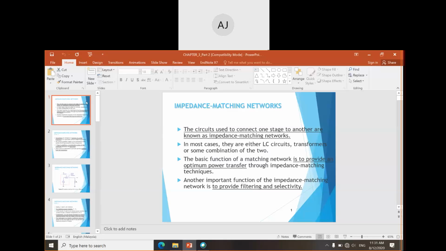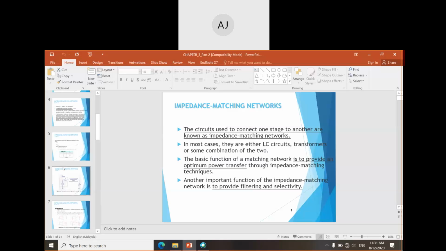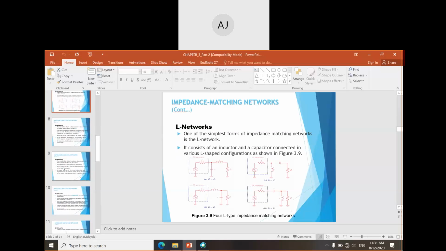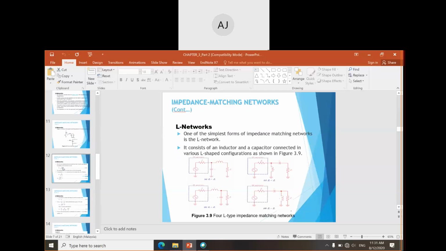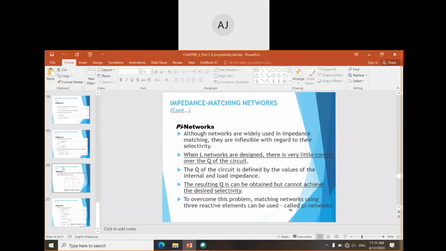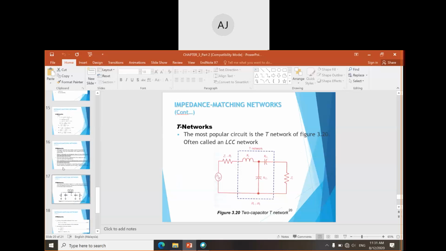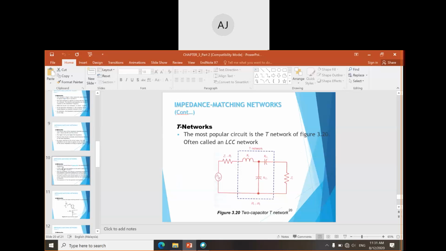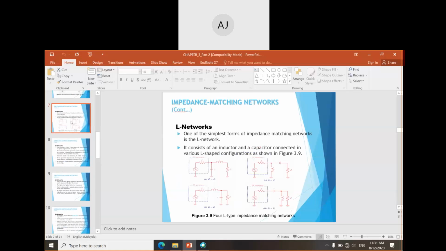There are three types of impedance matching network. The first is L, the second is PI, and the third is T. All of these are totally different. All of them use the capacitor and the inductor as a matching network.